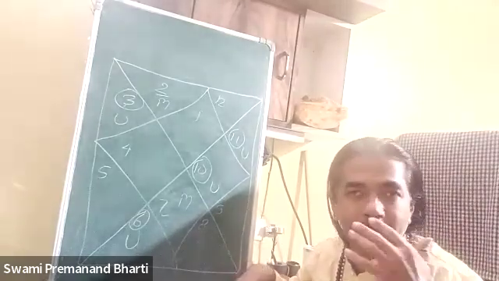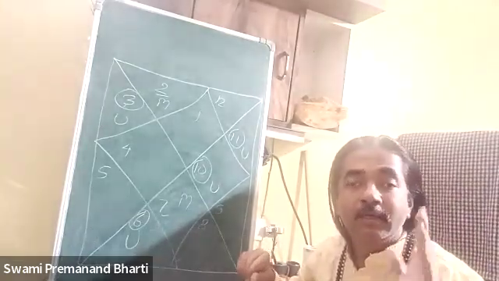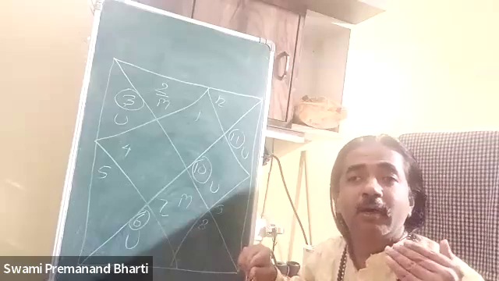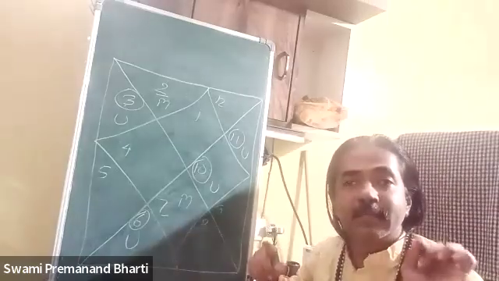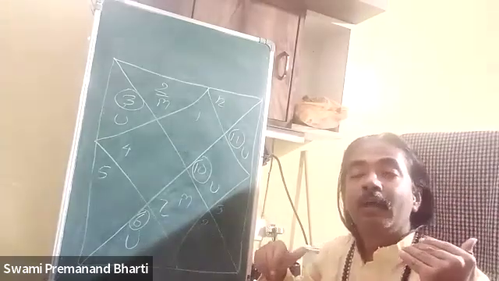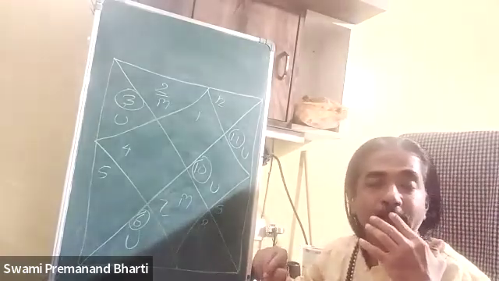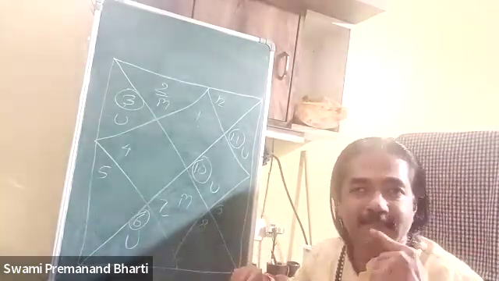So this is the way we need to look at Marka houses. Normally people get afraid with the word itself, the killer houses or death-inflicting houses. But we have to understand death in many different situations. Like someone is having a major spiritual experience.